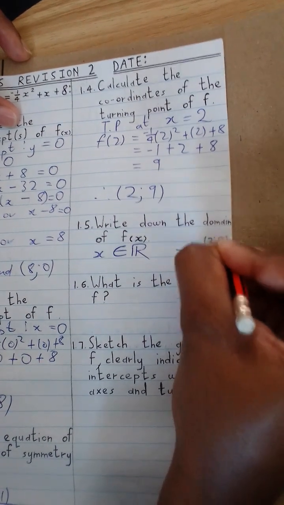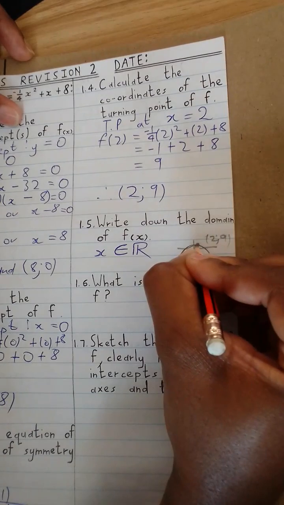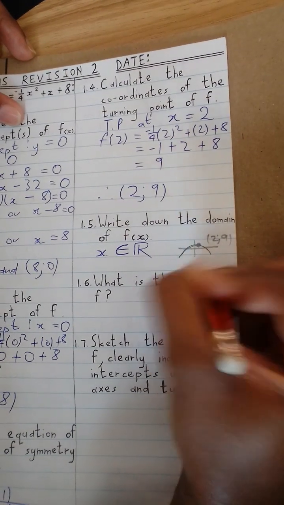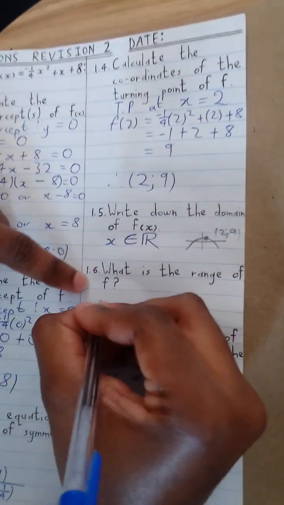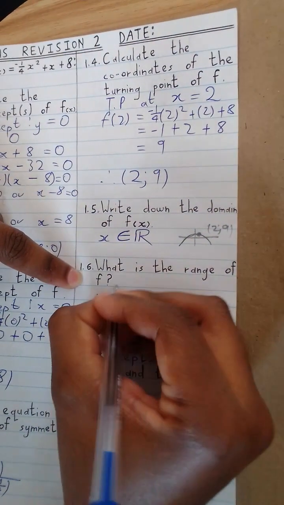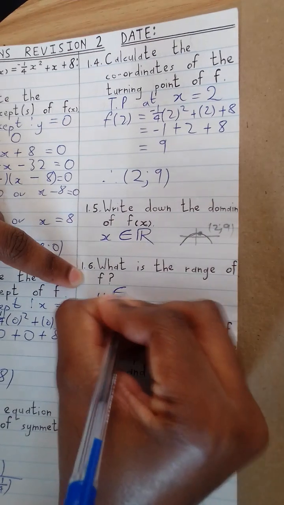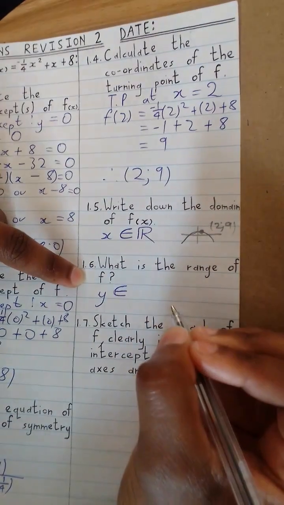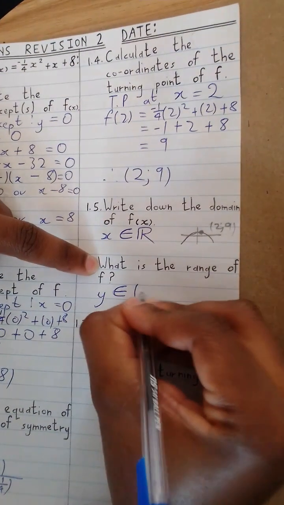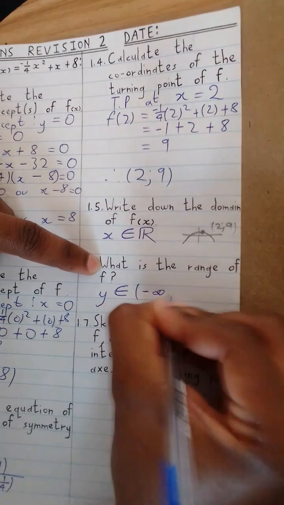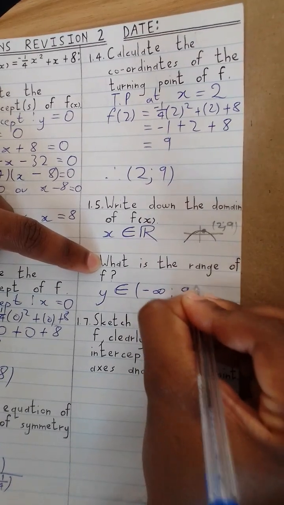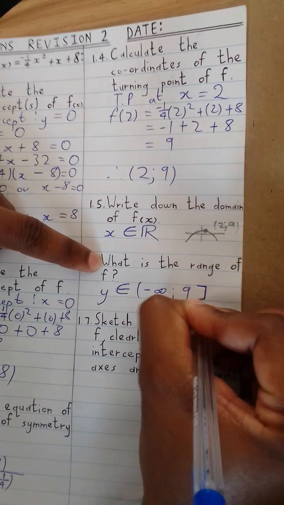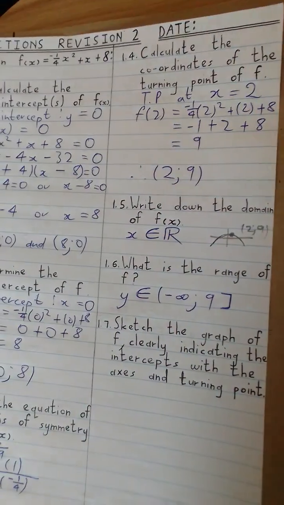So 2 and 9. We know that the graph will start at negative infinity and end at 9. So the range is y is an element of, we don't know where negative infinity starts, so it's just negative infinity, and then it ends at 9. Square bracket, don't forget, because it's an included value.